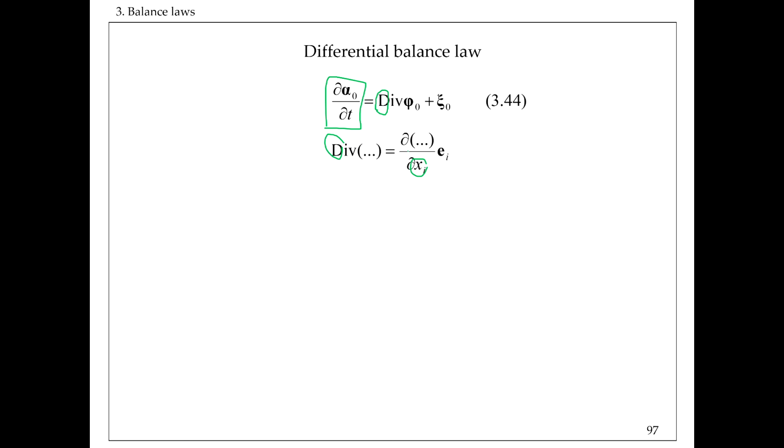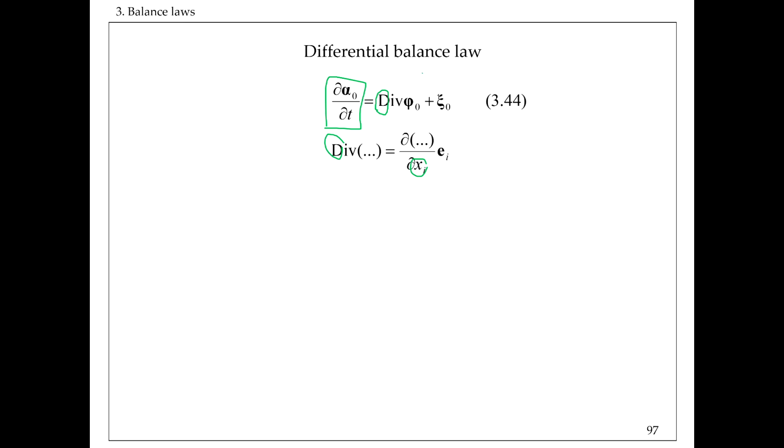As opposed to that, if we had a small d in the divergence, that would be y, so then we would take the derivative with respect to position y, but this is the Lagrangian description, and so we have x.